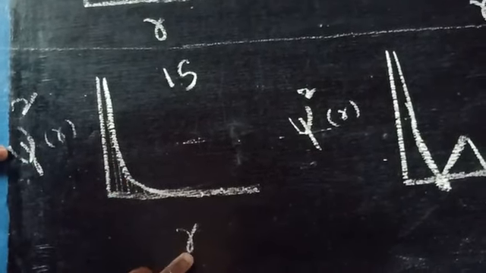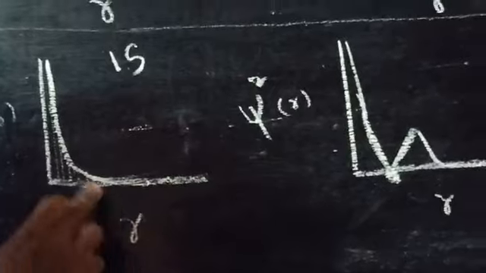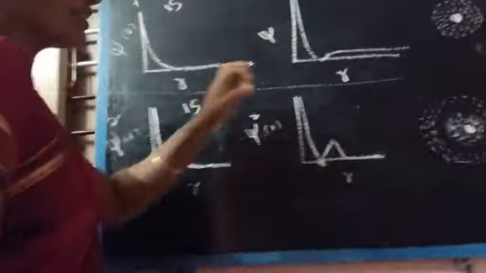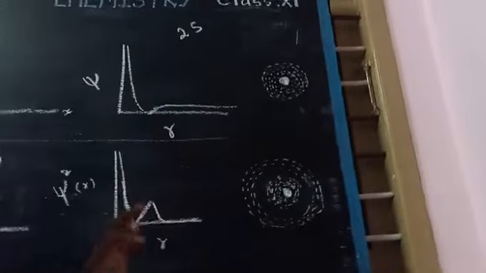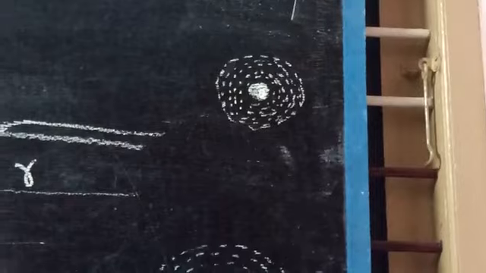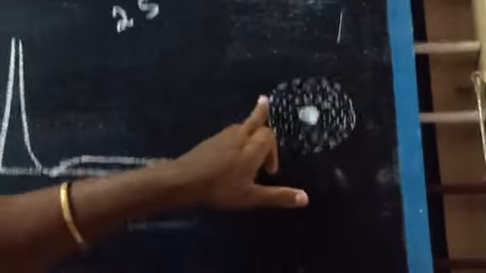At the same time, the radius increases. Are you clear, children? So now see this diagram, you can understand it very clearly. Here is the center nucleus and here the electron.